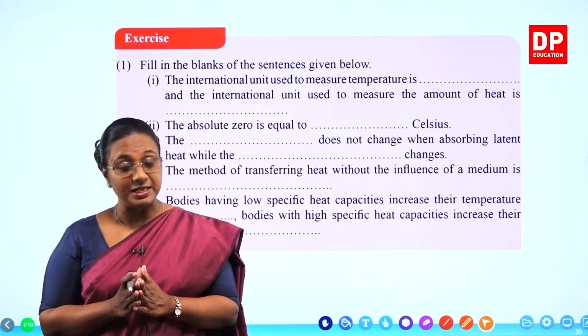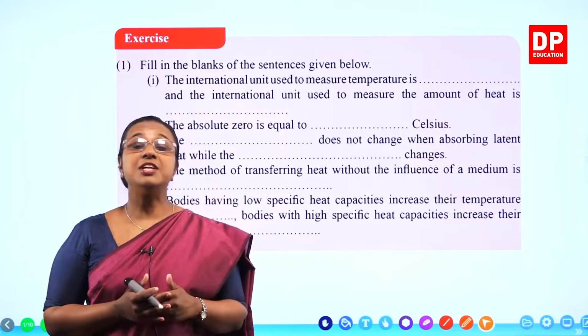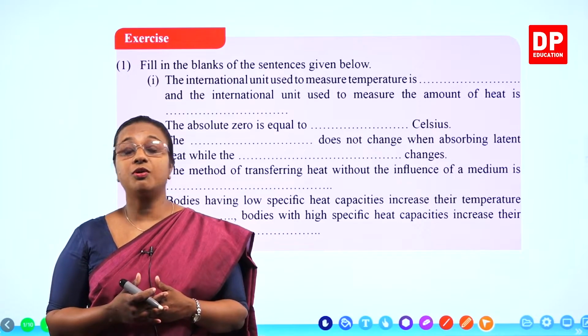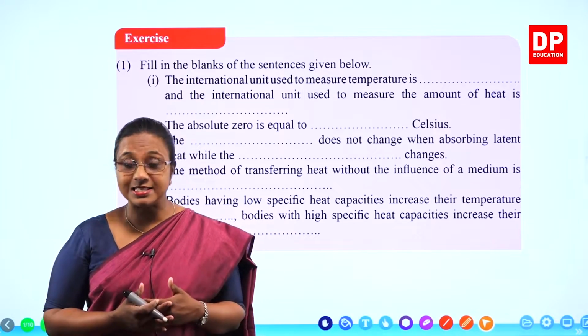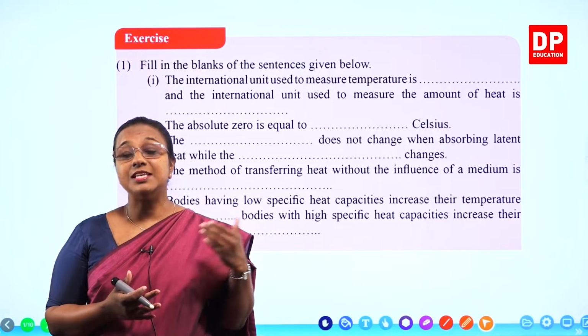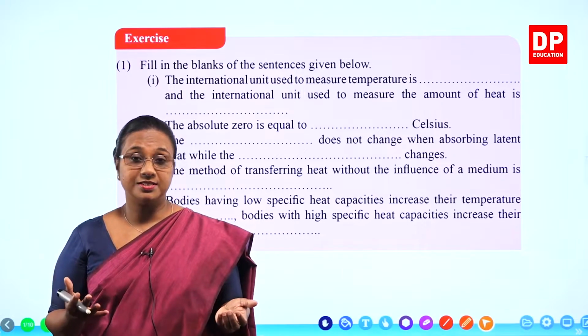All those are familiar to you all. After that, we have also discussed the expansion due to heat, thermal expansion or expansion caused by heat, as well as the contraction, and how we use the expansion taking place in solids, liquids and gases for our own uses.